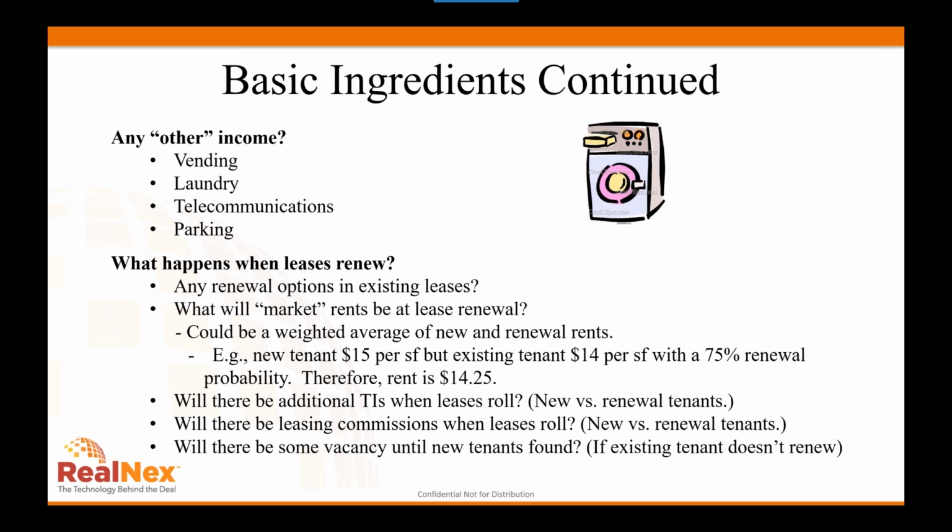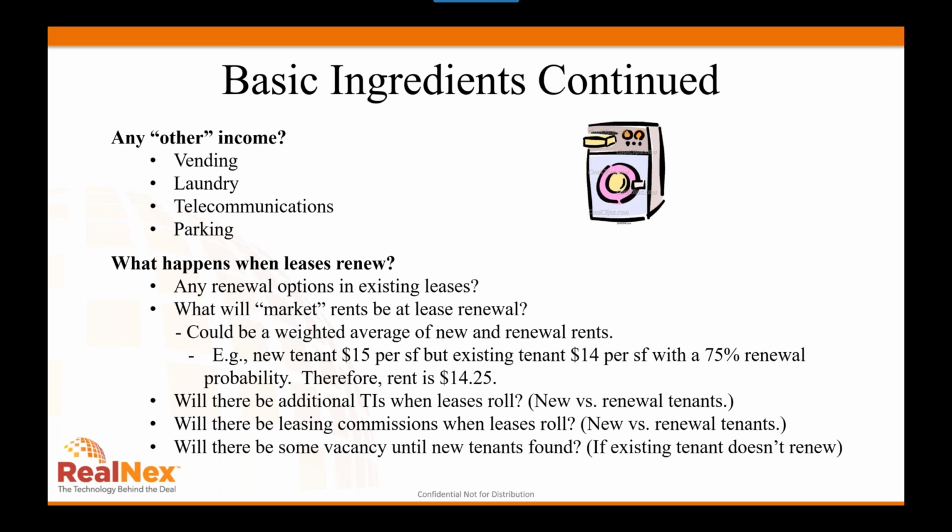It'd be like saying, well, if I don't get a renewal and I have to get a new tenant, there's going to be so much vacancy. Weigh that again by the probability that you're not going to have a renewal of the existing tenant, and that would give you the assumption that's going to go into the program for your vacancy rate.